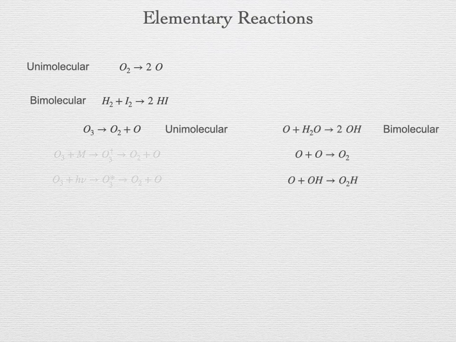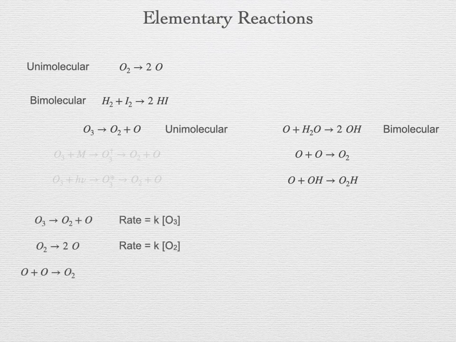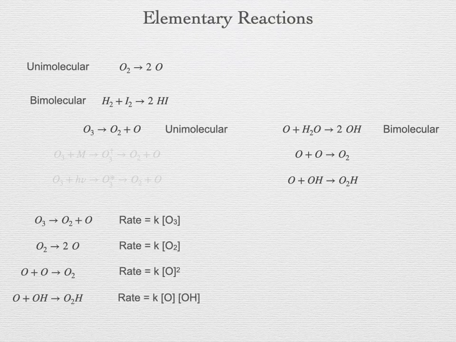Bimolecular elementary processes involve two reactant species and are perhaps a bit more self-explanatory. With sufficient kinetic energy and the appropriate orientation, such a reaction occurs readily and can form part of a reaction mechanism. Each elementary reaction step has a kinetic reaction rate equation written for it.